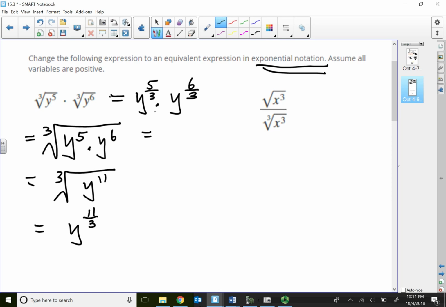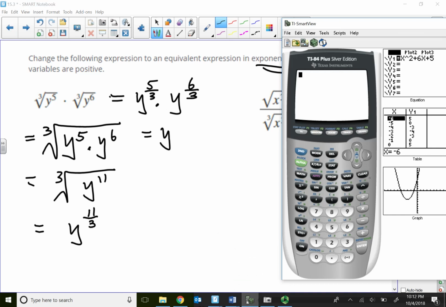Since we can use the calculator, let's go ahead and do that. When the bases are the same and we're multiplying, we're supposed to add the exponents. So that will be y to the parenthesis 5 over 3 plus 6 over 3, or you can type in 2 either way. Convert to a fraction, and that will be y to the 11 over 3 power.